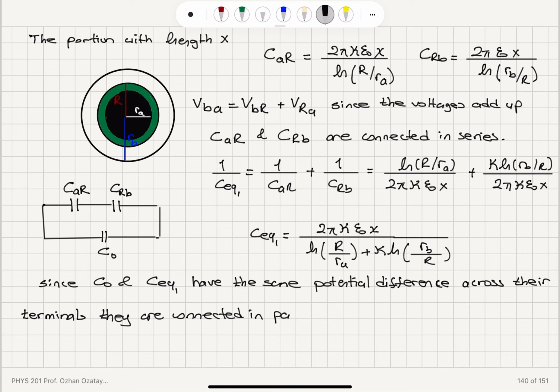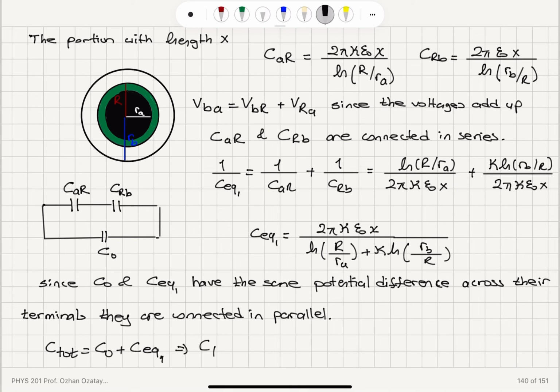And what is the total capacitance then? The total capacitance will be C0 plus C equivalent 1. In parallel connection, the capacitances add up.